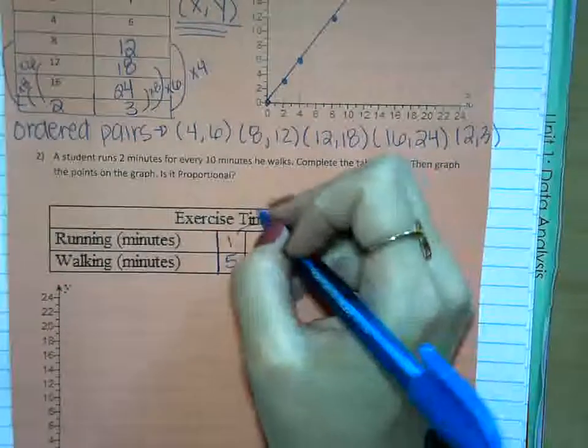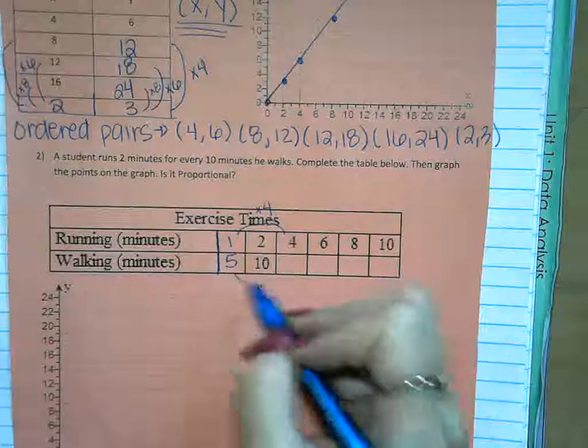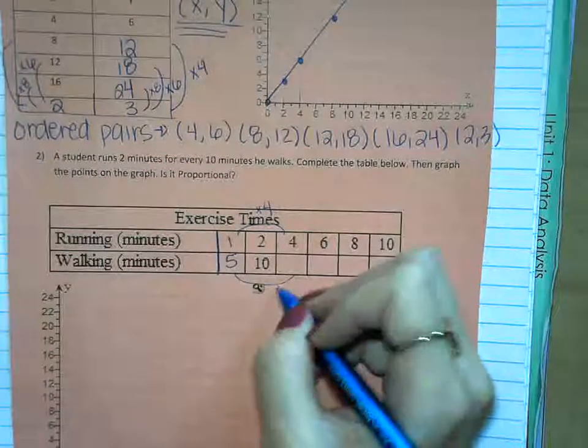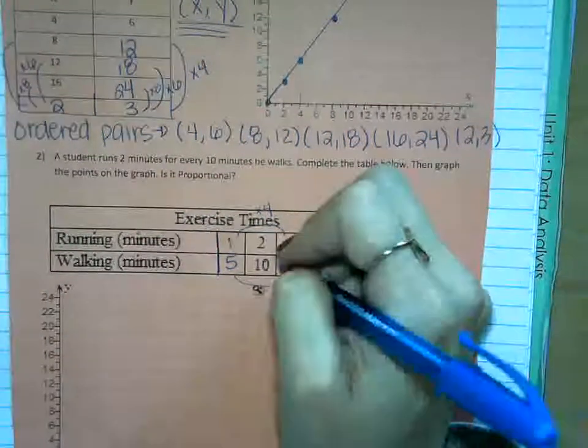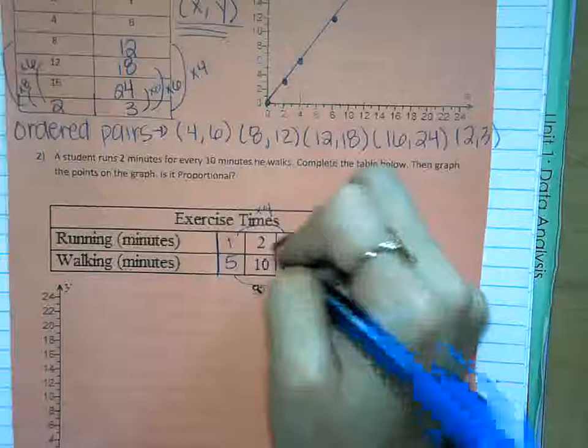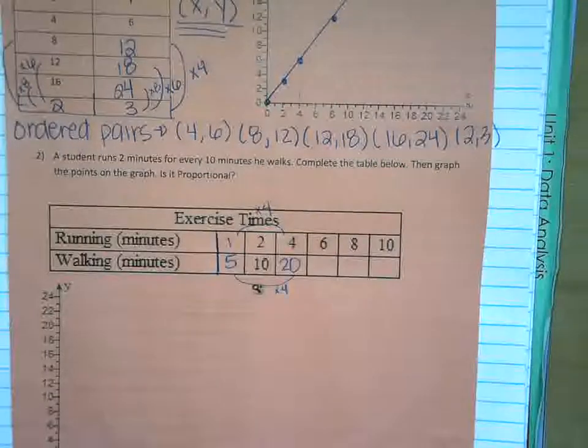So if I multiply by 4 on top, I have to multiply by what on bottom? 4. So 5 times 4 is? 20. Guys, I asked Christian. 20. Thank you. Good job, Christian.